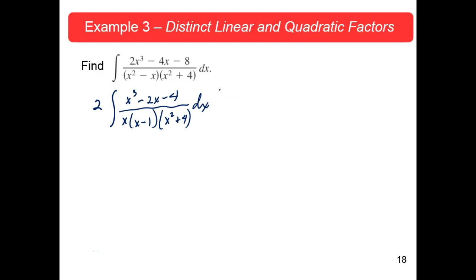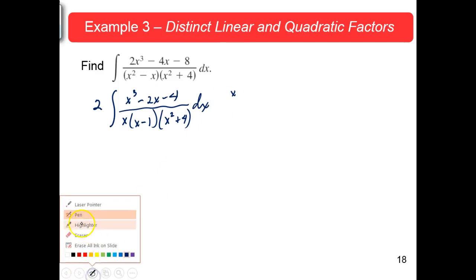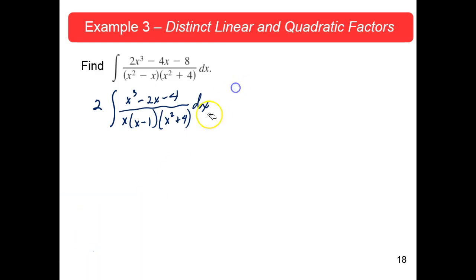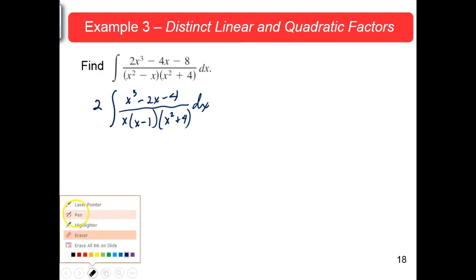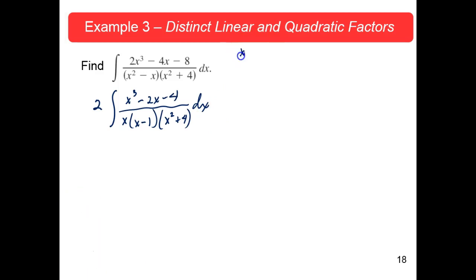I'm going to drop the integral sign and the dx for a while, and just deal with what's on the inside: x cubed minus 2x minus 4 over x times x minus 1 times x squared plus 4.